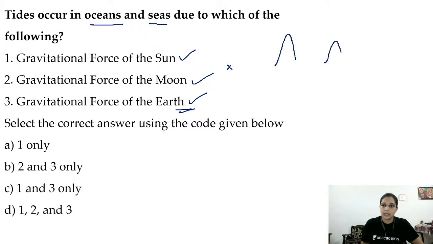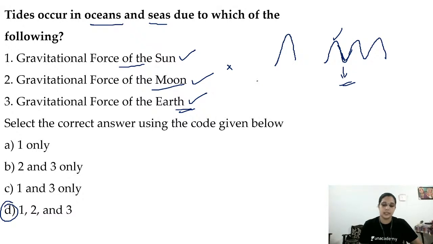So what you call up and down is called a wave. The upward motion is because of the gravitational force of sun and moon. The downward, the water comes back to the earth because of gravitational force of earth. So many people will only answer 1 and 2 only, but luckily they did not give 1 and 2 only. The answer is 1, 2 and 3, all the above. It's clear. Okay, it's a very simple concept.